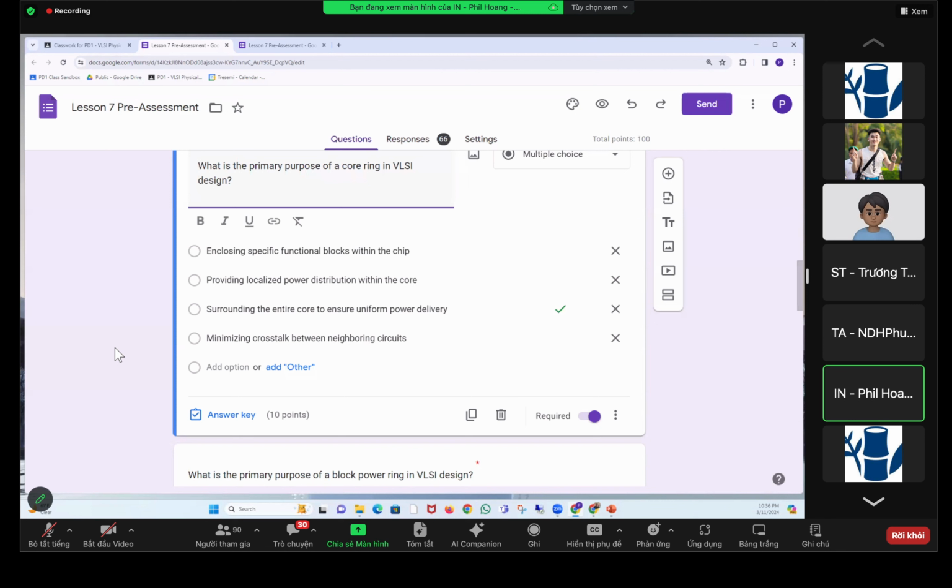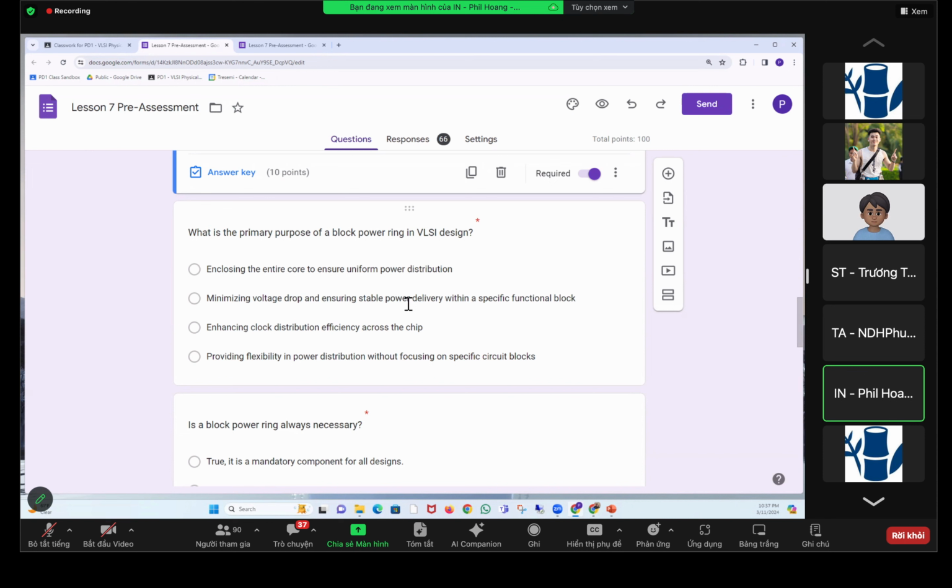So the answer is B. Enclosing the entire core, no, we only should block, right? Minimizing voltage drop and within a specific functional block, sounds good. It has nothing to do with clock distribution for sure, and it has to be around a block. It cannot be just regular flexibility. So the answer is B.